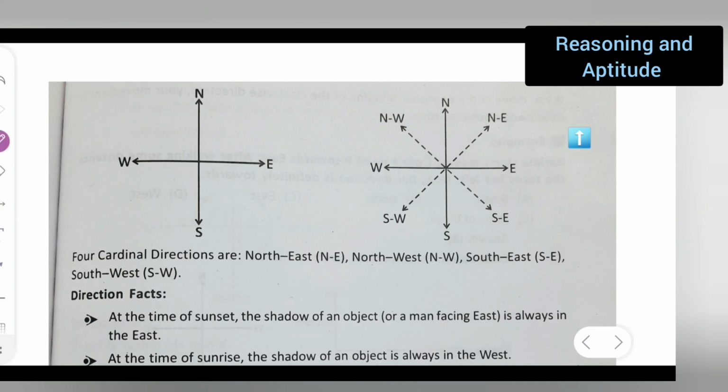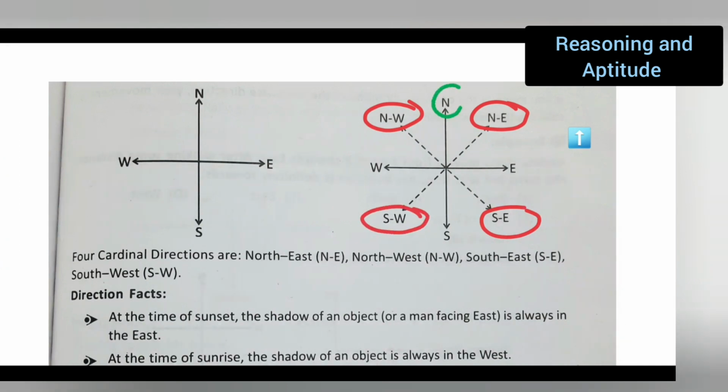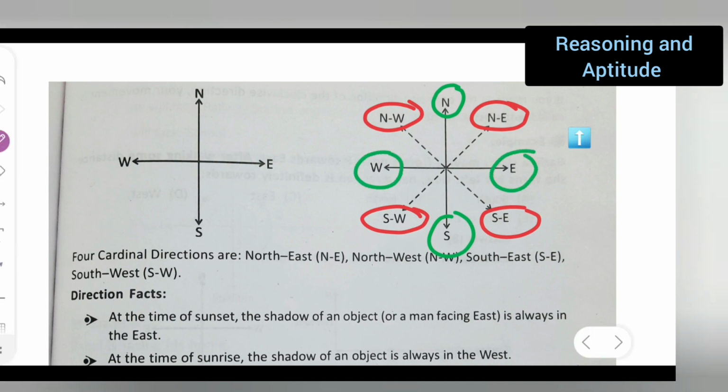So you all can see northwest, northeast, then southeast and southwest. Here are your north, south, east and west marked with red. So these are the cardinal directions.